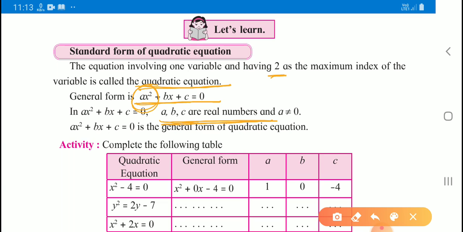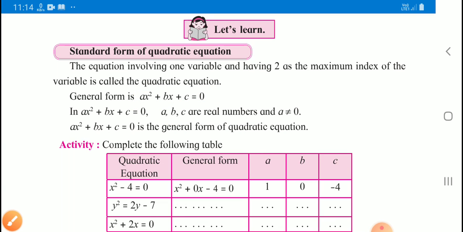So here keep in mind, while writing the general form of the equation ax square plus bx plus c is equal to 0, the condition is that a should not be 0. Then only the equation will be a quadratic equation.